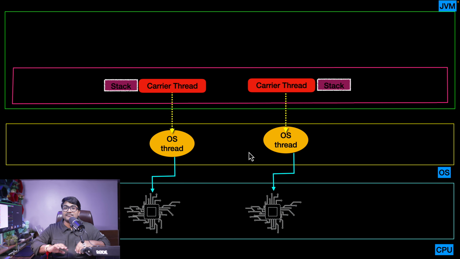Because you might have hundreds and thousands of virtual threads, if some threads go blocking during execution, you don't have to waste your CPU over here. You can simply attach the other virtual threads which need to perform their execution on top of these carrier threads, and they will keep on getting executed using the CPU core.